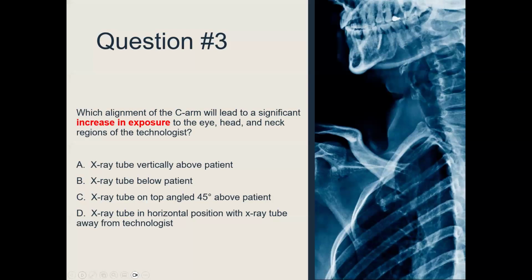Question 3. Which alignment of the C-arm, remember I told you this is going to be a question on the registry, I promise you it will. Which alignment of the C-arm will lead to a significant increase in exposure to the eyes, head, and neck region for the technologist? That is correct. With the X-ray tube up. There you go. Very good.